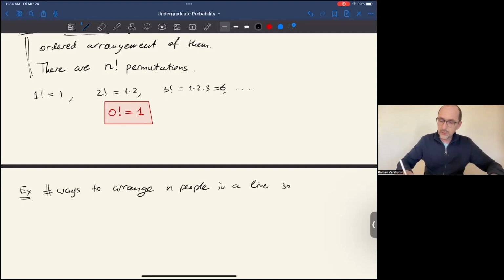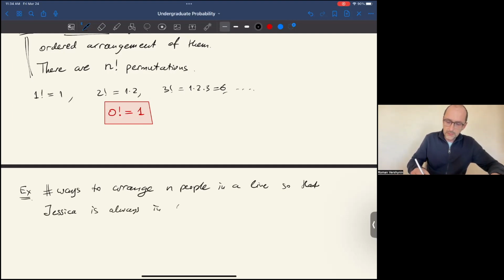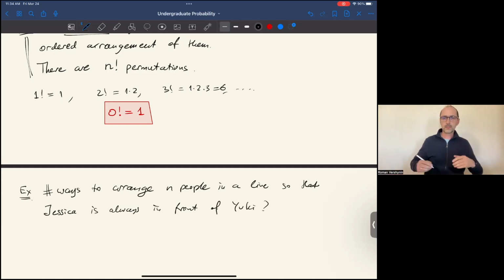But so that Jessica, one of these people, is always in front of Yuki, another person in this group. How many ways can people stand in a line so that Jessica is always in front of Yuki?